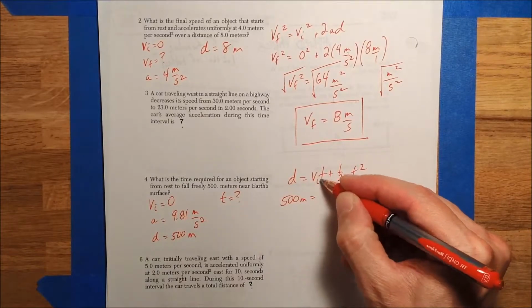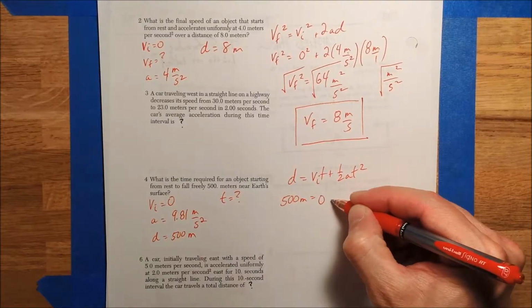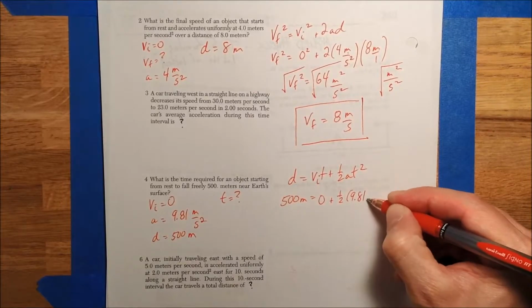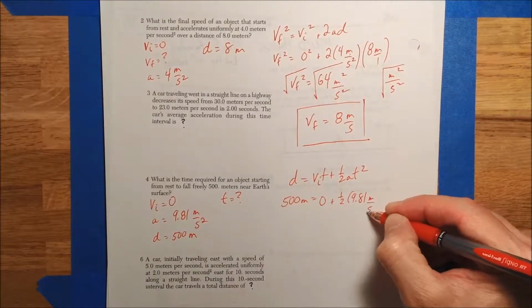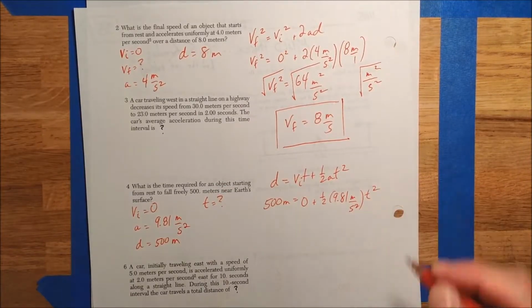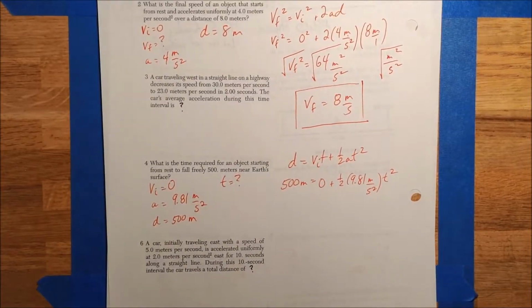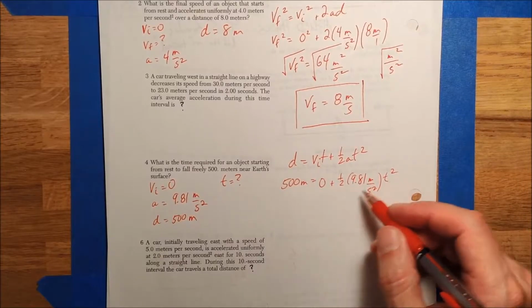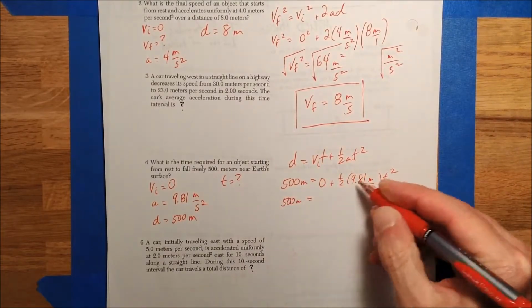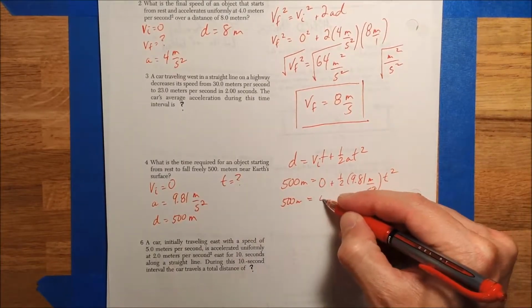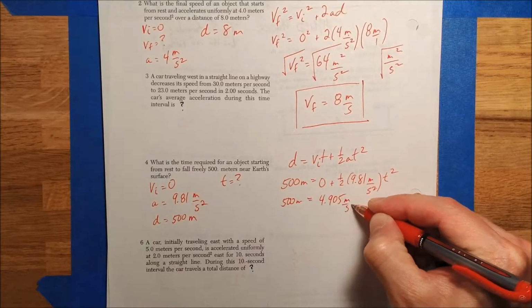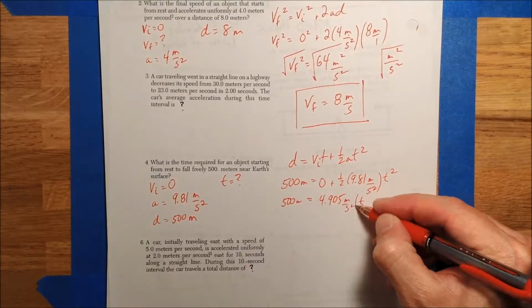So 0 times T is going to be 0, plus 1/2 acceleration, 9.81 meters per second squared times t squared. Okay, so we have to solve for t squared. So 500 meters equals 1/2 of that, so that's 4.905 meters per second squared times t squared.